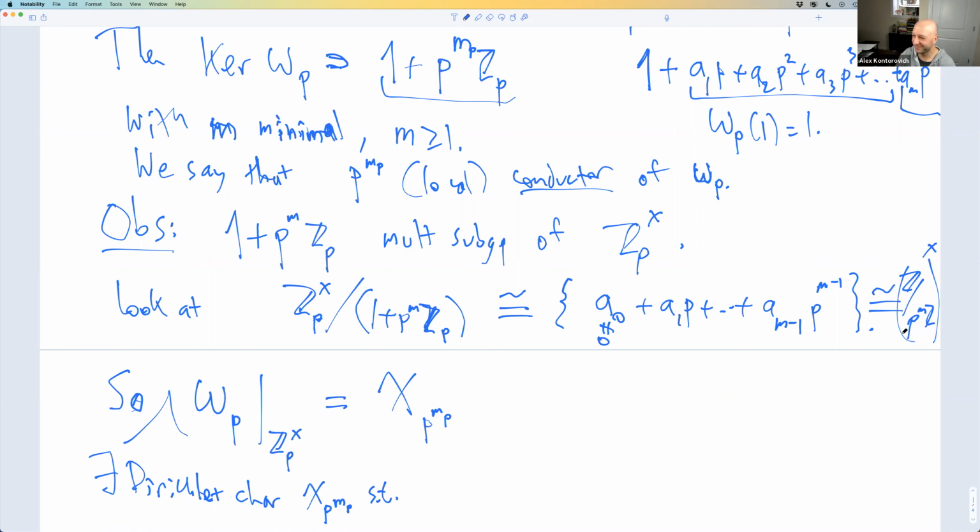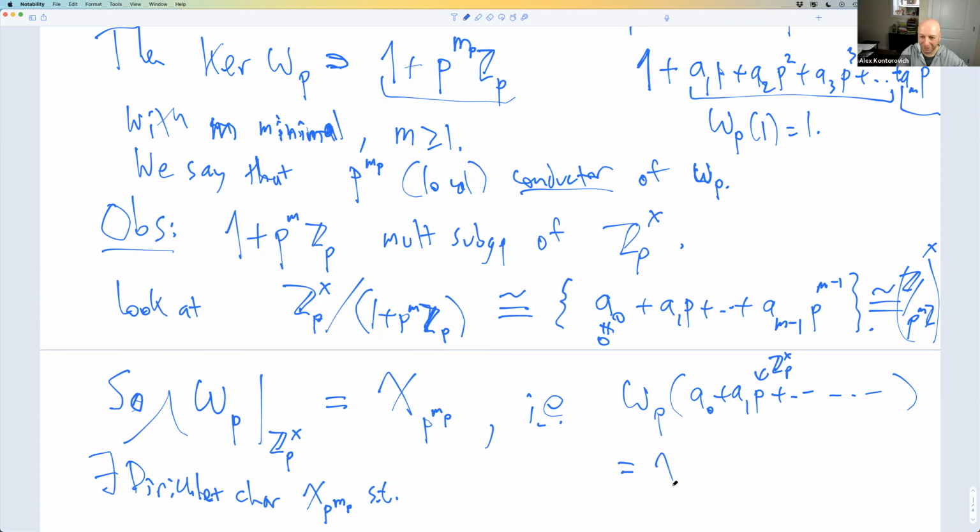I see. So isomorphism just says it behaves precisely like that. Yes, in any case you're mapping to the circle, so it actually makes sense to say it's literally equal. If I take omega p of some a0 plus a1 p plus an infinite sequence, this is an element of Zp cross.